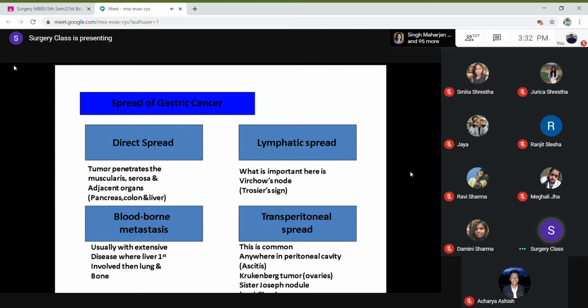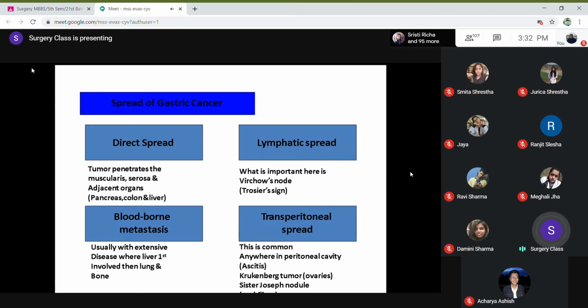So just remember that removing perigastric nodes is D1 resection, and removing nodes along the named vessels is D2 resection. The standard for resection of the lymph nodes along the stomach in gastric cancer is the D2 resection.